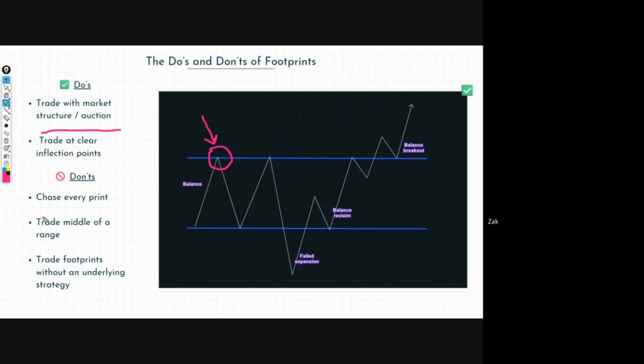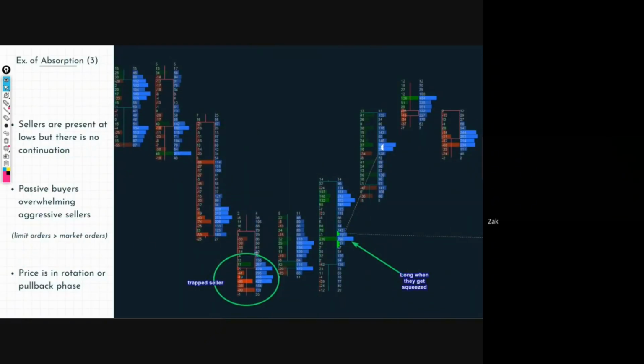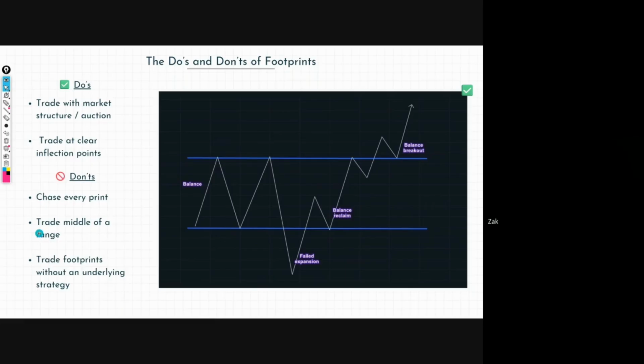To tie into that, I don't want you to chase every print. It's human nature to find a new tool, find something new and think this is the holy grail, this is God's gift to me. It's not. This has to be incorporated with other things.